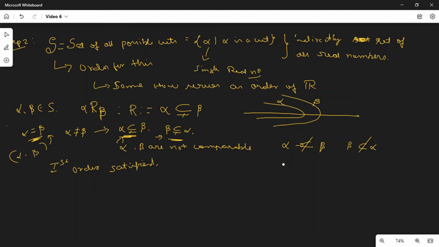So how to prove that the first property of the order is satisfied with this relation? Here is our relation. If alpha is related to beta, alpha should be a proper subset of beta. If beta is related to alpha, then beta should be the proper subset. Any one thing should happen, or alpha and beta should be equal to each other.